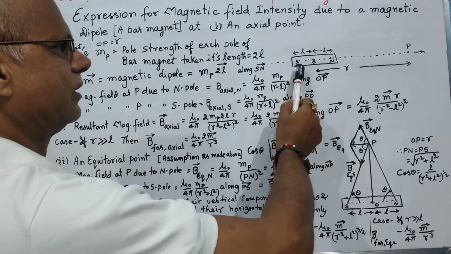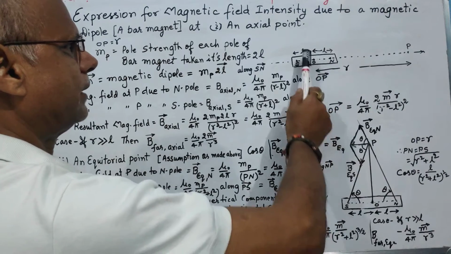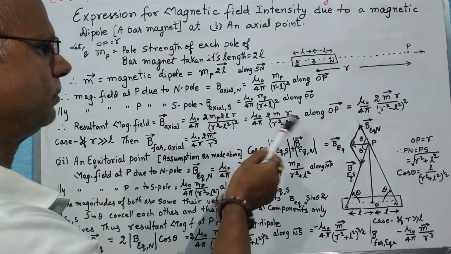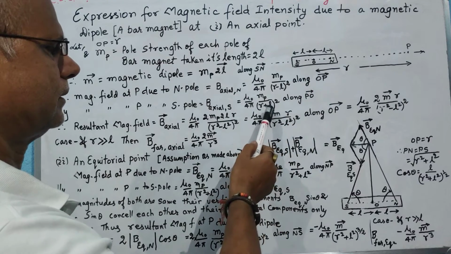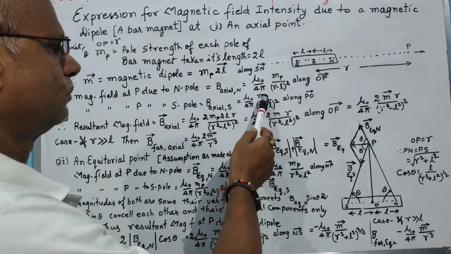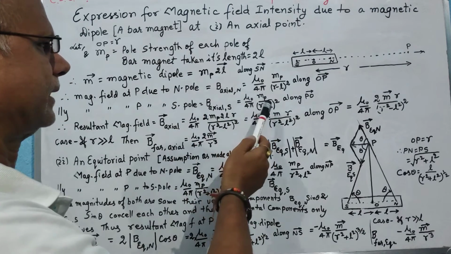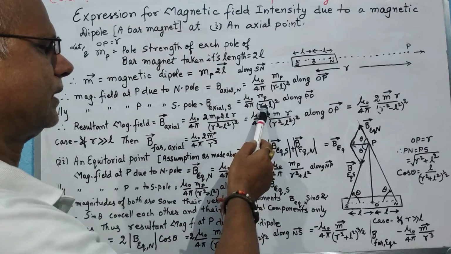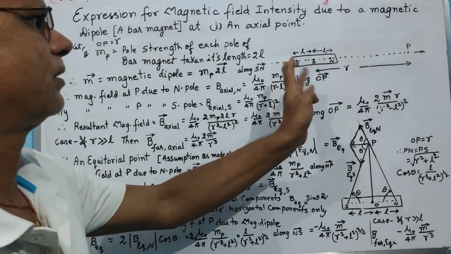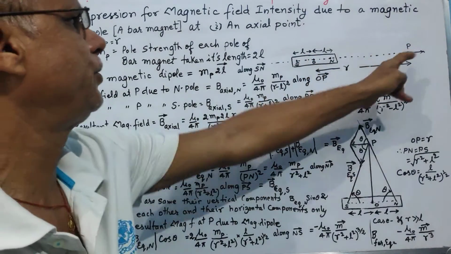So the distance of S from P will be r plus L, and that should be squared. The distance square is in the denominator. So we have mu0 by 4 pi, pole strength mP we have taken, divided by the square of the distance, that is r plus L whole square, and direction will be from P to O.